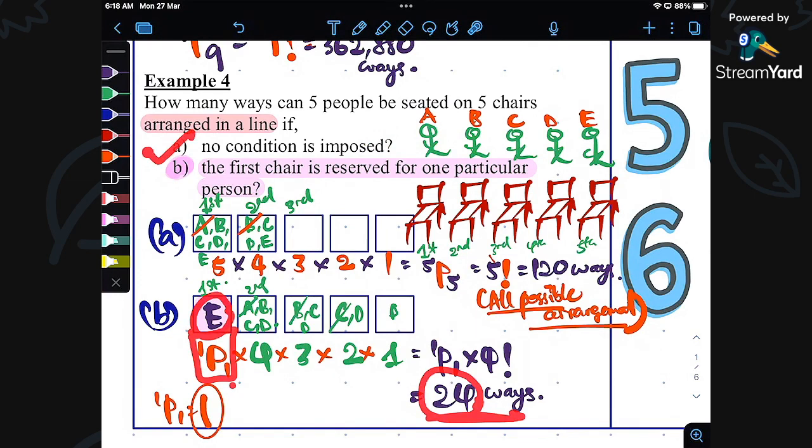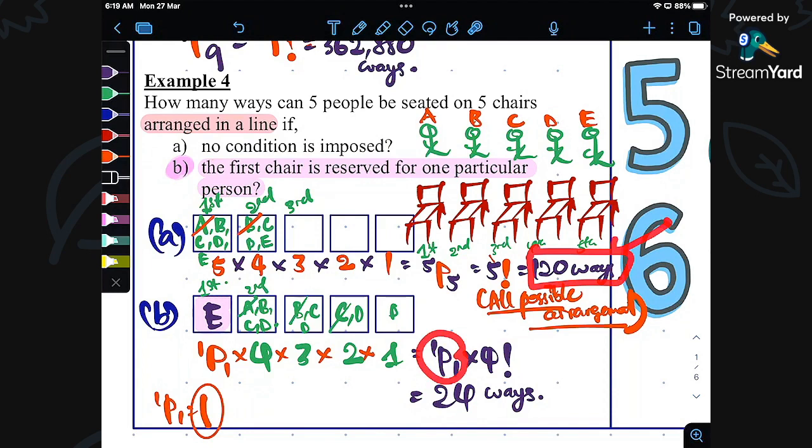If you look at the first one, no condition imposed, there are 5 people who can be seated on the first chair. That's why the number of ways is a lot. The number of arrangements is so many. But if only one person can be seated on the first chair, the number of ways is a bit smaller. Thank you.